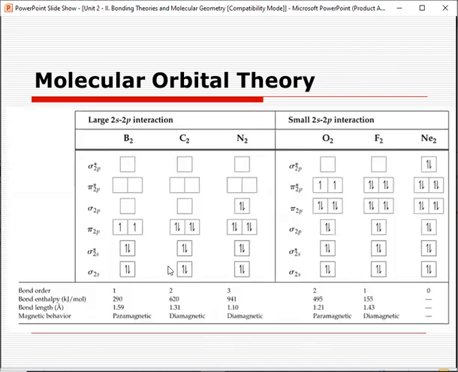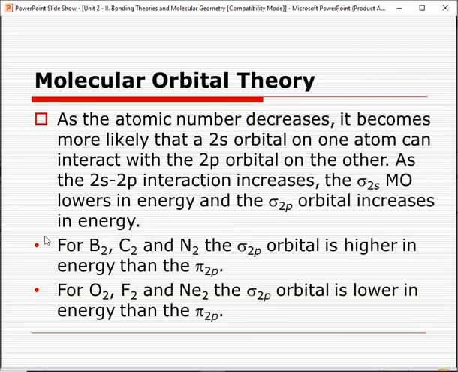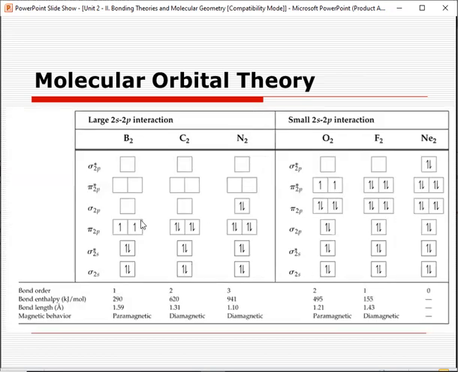So, nakita ninyo diri, ang sa diri ang B2, C2, N2, higher iyahang sigma 2p compared to pi 2p. So, mas higher iyang 2p na orbital compared to pi 2p orbital. So for this is for molecular orbitals. So but for O2, F2 and Ne2, mas higher si pi 2p compared to sigma 2p.